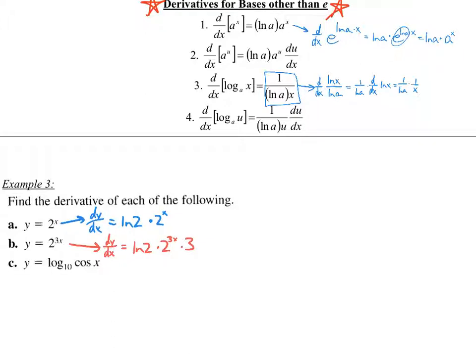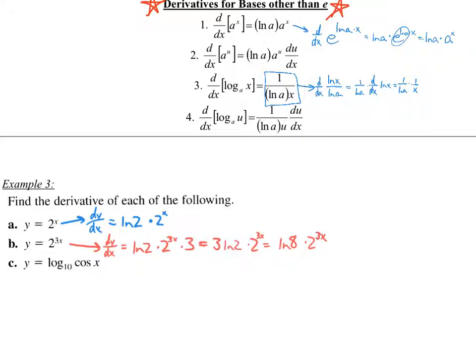Okay? Now, there's all kinds of stuff that you can do to simplify this, depending on how far you want to go. We could make this into a 3 ln 2 times 2 to the 3x. We could pull the 3 in and make that an ln of 8 times 2 to the 3x.